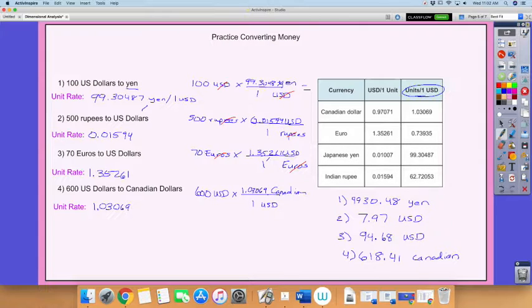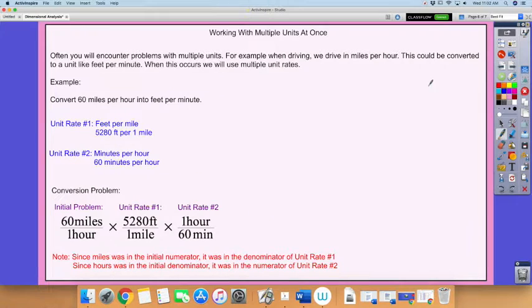Now I know I've been talking a while, but there's one more thing we have to be able to do. We have to be able to work with multiple units at once. Because unfortunately in math, a lot of things that we do are going to involve multiple units at once.